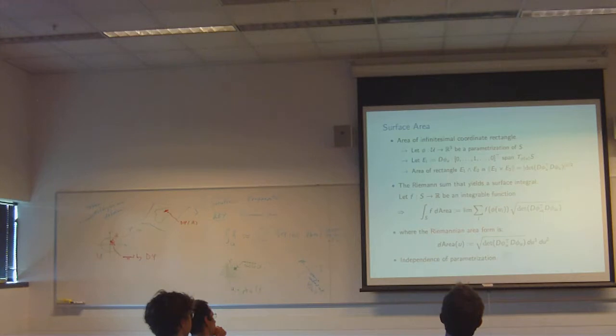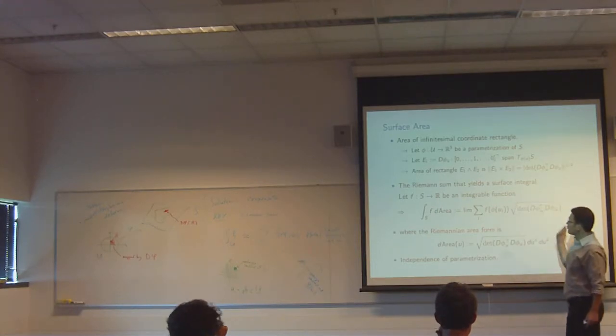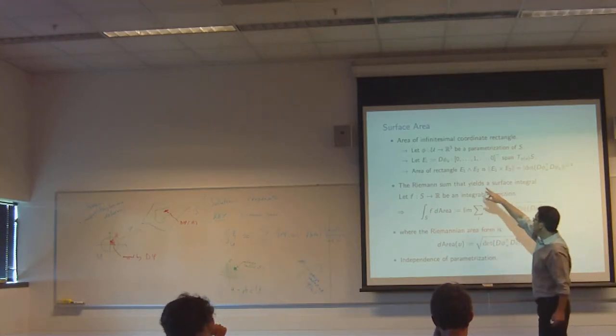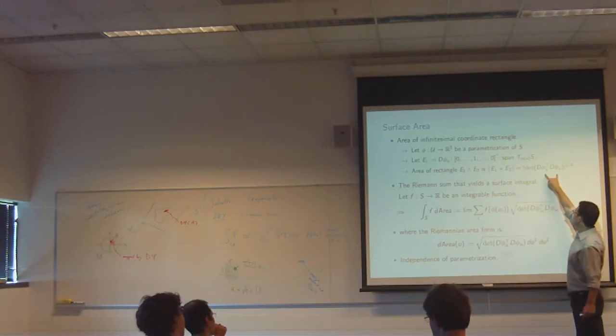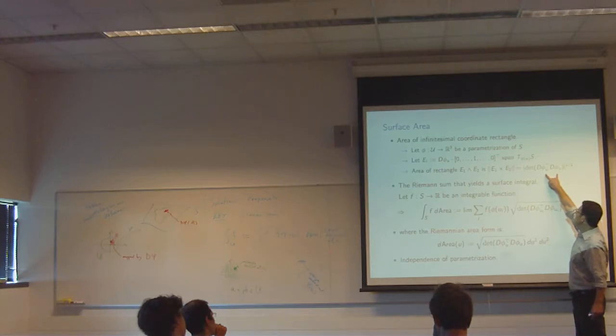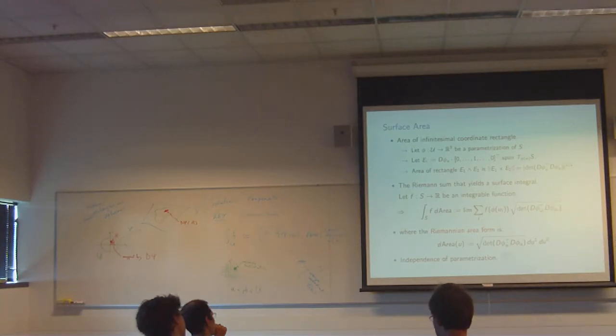Does everyone remember this fact? The length of the cross product is the area of this lozenge. If you work it out in terms of the derivatives of d phi, what you find is you get the determinant of this matrix right here, d phi transpose d phi. So the area of a small rectangle is this determinant factor.